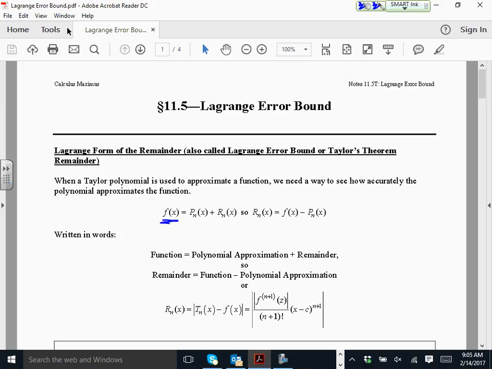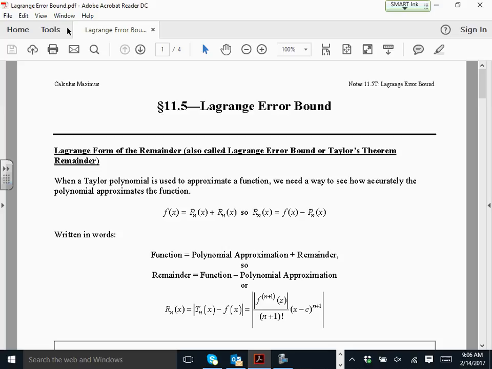Our function that is not a polynomial, we write a polynomial for it, and then there is some remainder to account for the error that we would add on, right? So essentially our remainder is the function minus the polynomial, right?